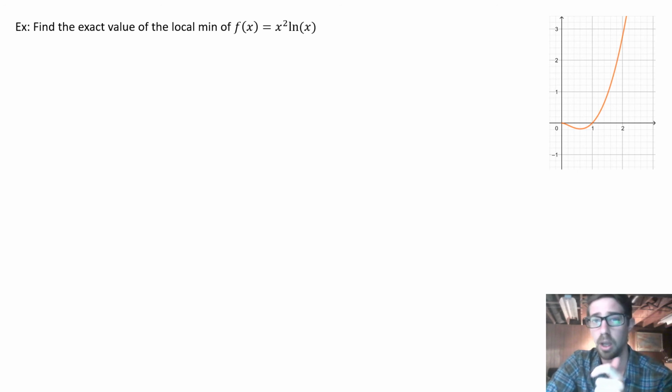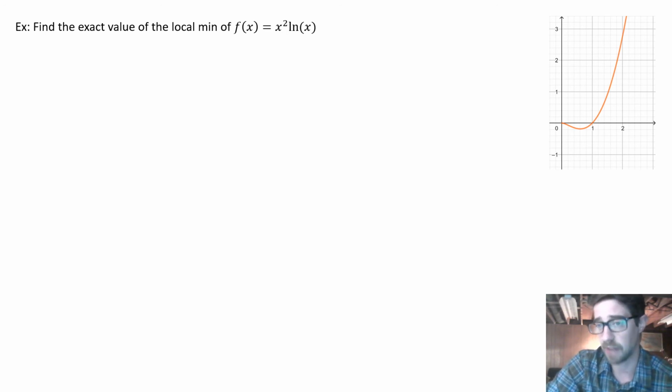So the way we define a local max or a critical number or any of that stuff is it has to be in the domain. So even though the limit of the function as it goes to 0 is 0, if you were to look at a table or whatever, or just punch ln of 0 into your calculator, it's undefined. So that doesn't count, right?